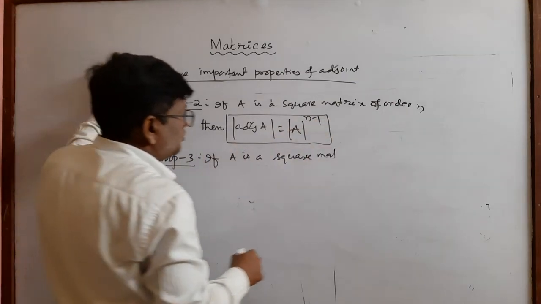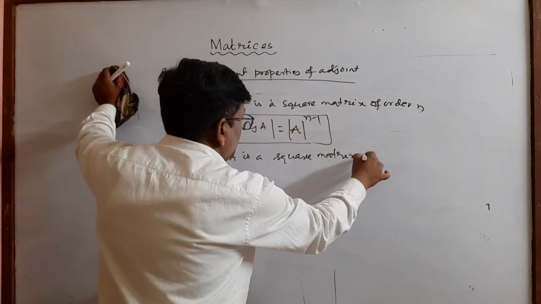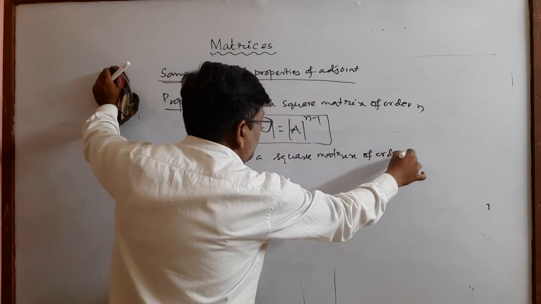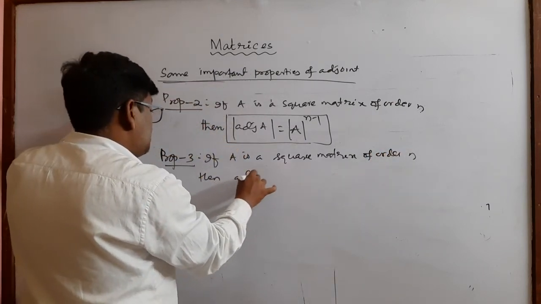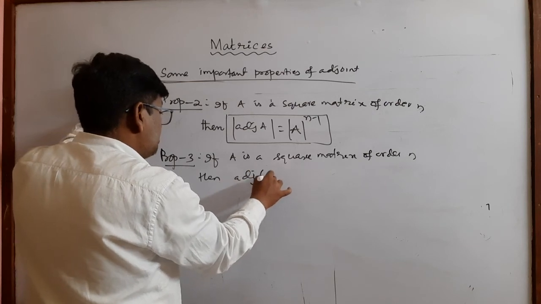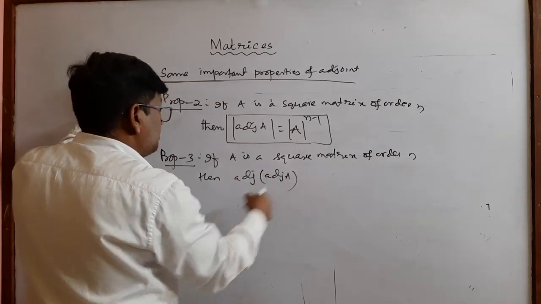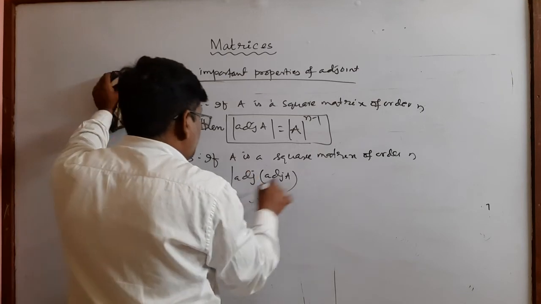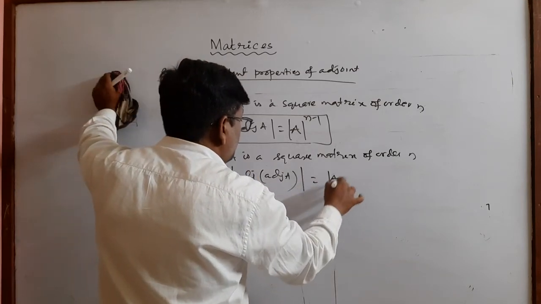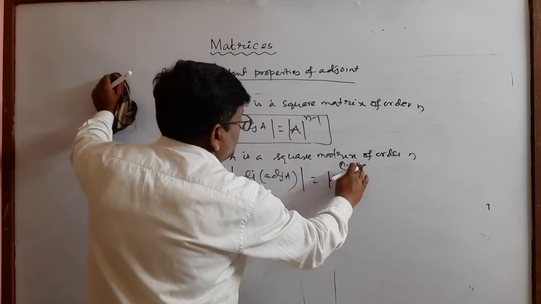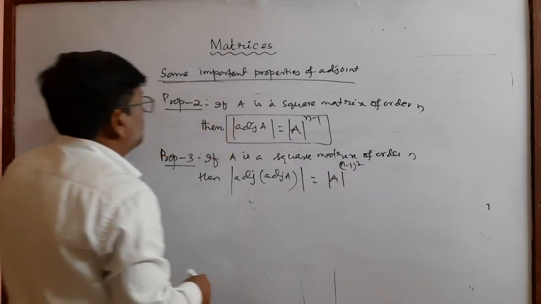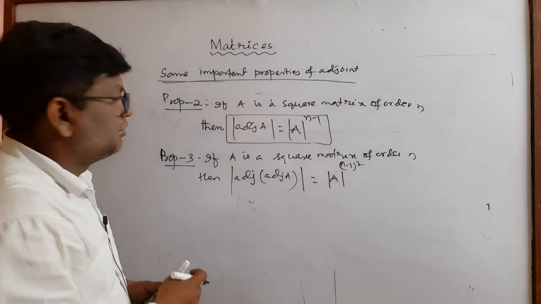If A is a square matrix of order n, then the determinant of adjoint of adjoint A is equal to determinant A to the power n minus 1 whole square. These are some properties of the adjoint matrix.